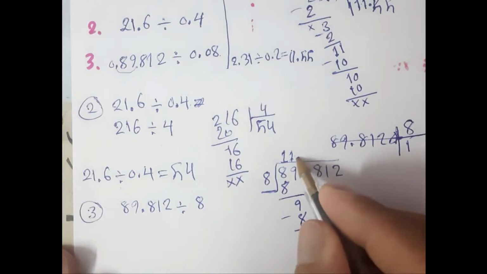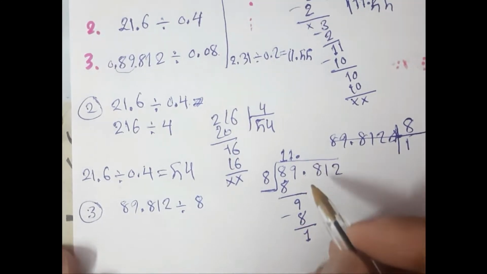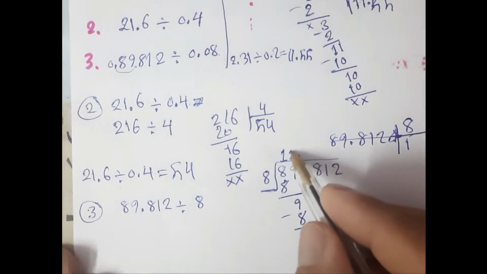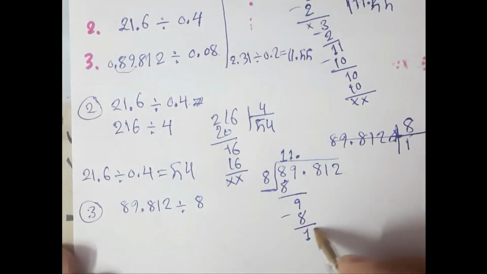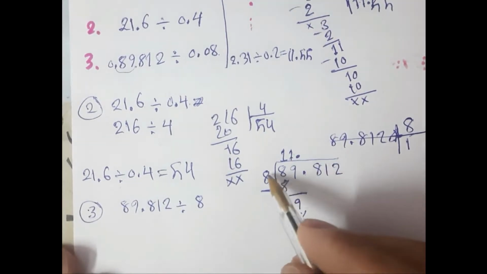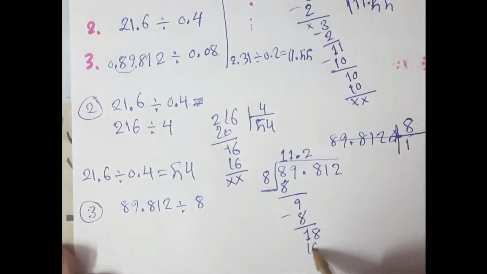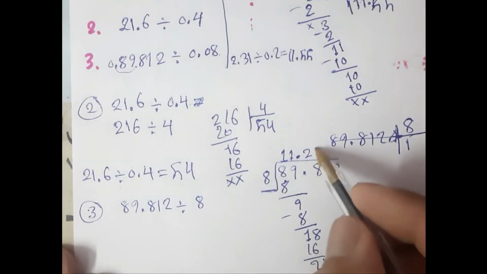Now we carry over the decimal point over here. We bring 8. 8 divided by 8, 1 time. 1 multiplied by 8, 8. We have 2. We bring 1. 21 divided by 8, 2 times.